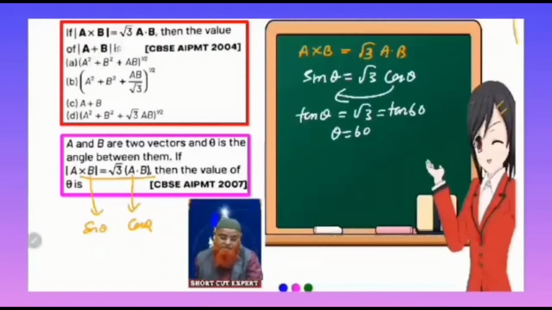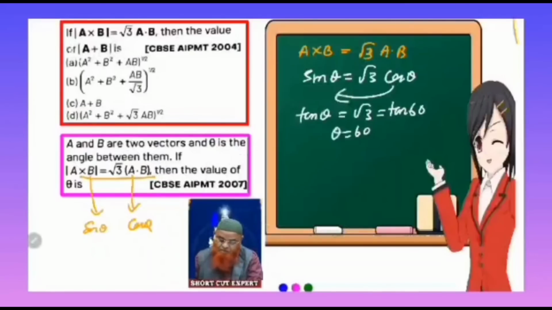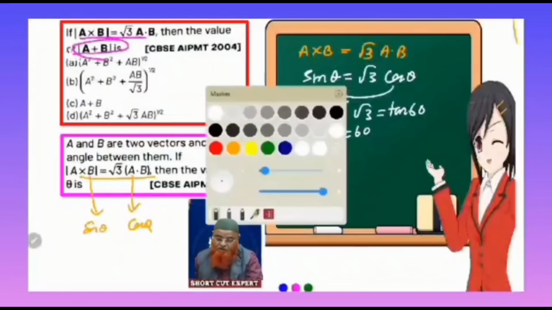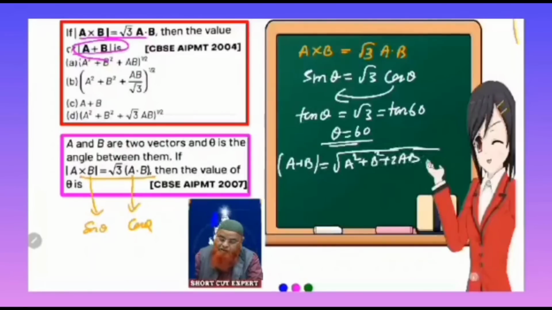Next what you have to do is find out A plus B. In this problem he is giving A plus B also. After knowing A cross B is equal to root 3 times A dot B, he is asking us to find out what is the modulus of A plus B. It's very simple. Once you get 60 degrees, you can find the modulus of A plus B, which is nothing but the square root of A square plus B square plus 2AB cos 60.